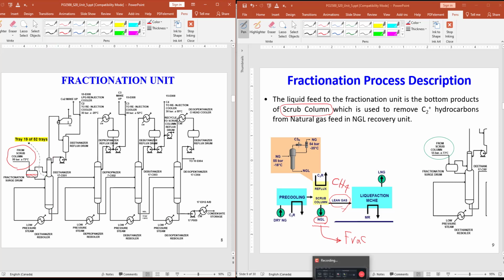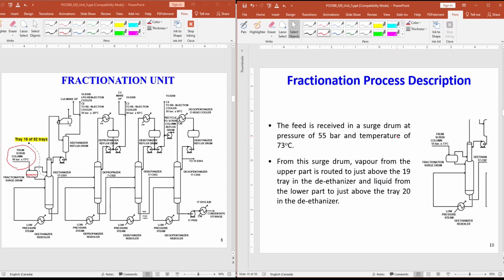In the de-ethanizer, I think I have the explanation in the next slide. The feed is received in the surge drum, at pressure 55 bar and temperature 73 degrees C. The de-ethanizer is a distillation column that has 52 trays.